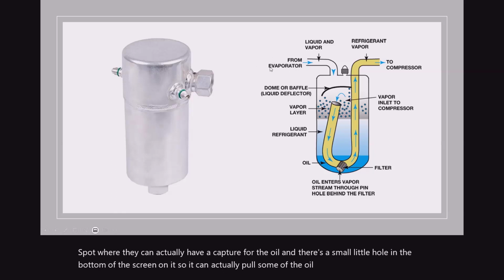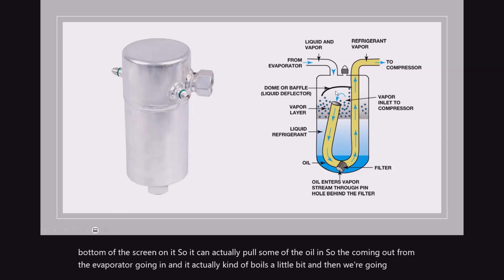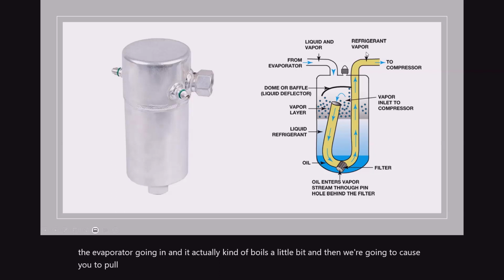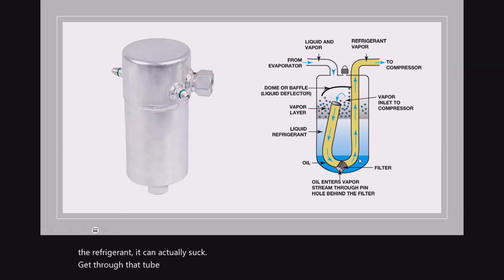Coming out from the evaporator, it boils a little bit, and we pull gas in so we make sure the gas goes to the compressor. But if you overcharge the refrigerant, it can suck liquid through that tube and damage the compressor. So you want to be very careful about charges.